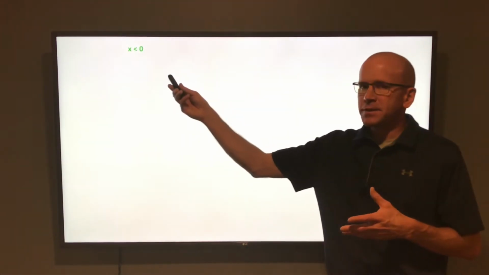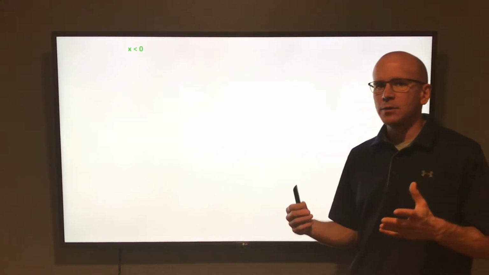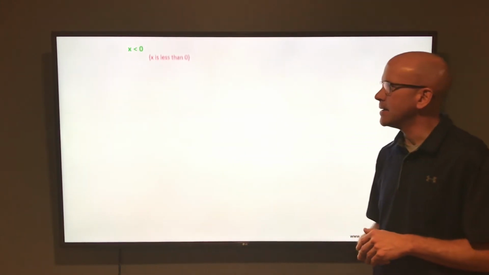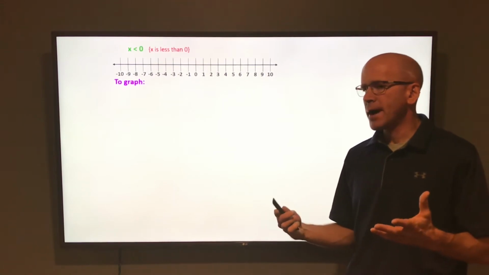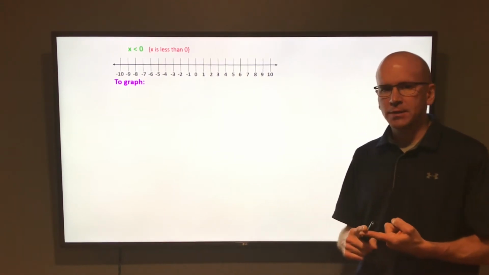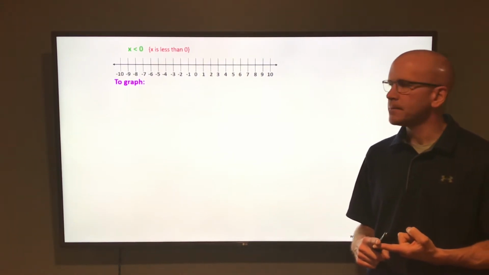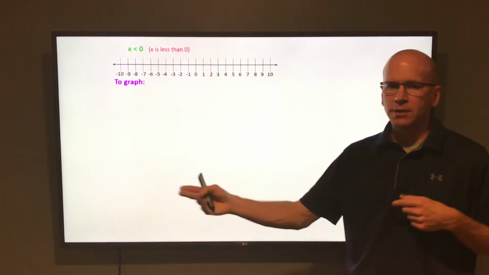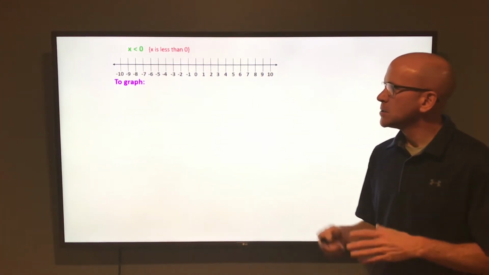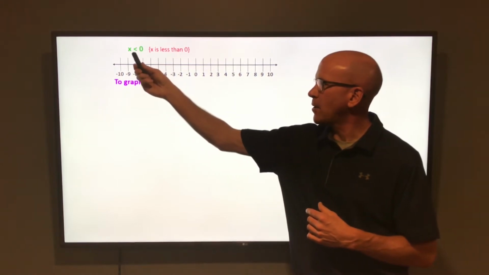If we have x is less than 0, that's saying that all values of x are less than 0. So if we're to graph this, first choice is, do you put an open circle or a closed circle? And then the second choice is, which way does the arrow go, left or right? So open circle or closed circle depends on the sign.